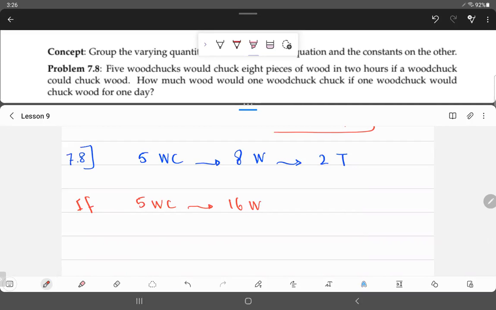What is the effect on the time? How many hours am I going to need? What do you think? 4? Yes, 4, because you have 5 woodchucks doing 8 pieces in 2 hours. If I'm keeping 5 woodchucks but I want to get 16 pieces, in how many hours?